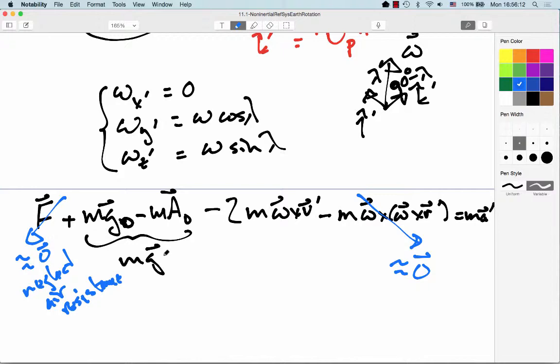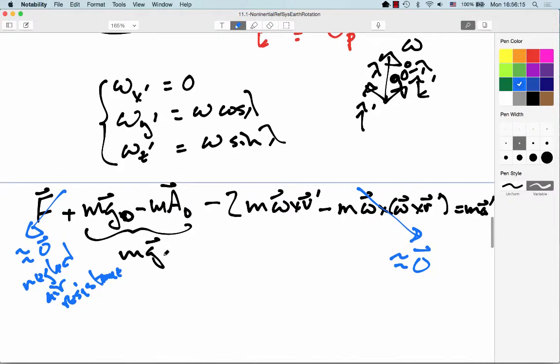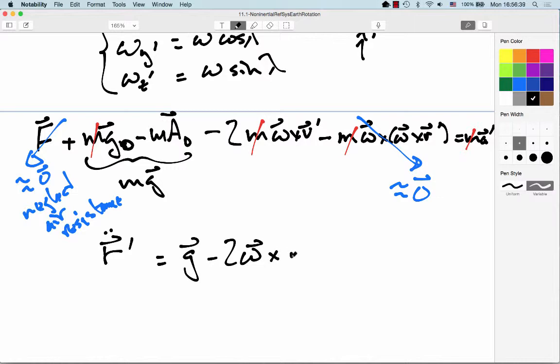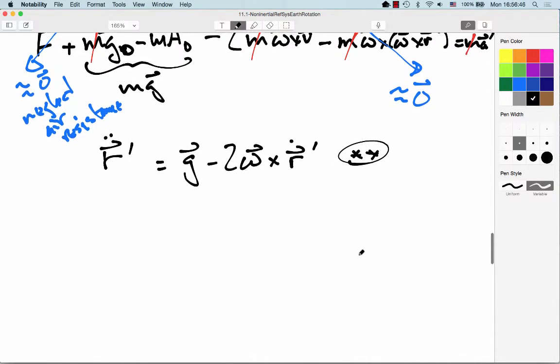So either way we go, it's small. All right, so we can then go ahead and cancel our m's because we made the air resistance go away. And so we are left with r double dot in the prime system equals g minus the Coriolis acceleration, omega cross r dot. I'll give that a name.